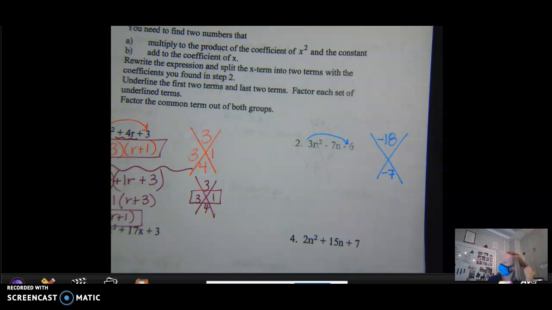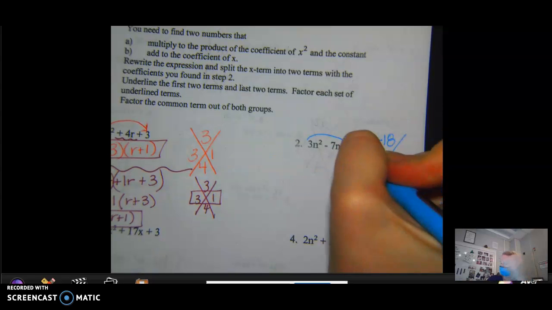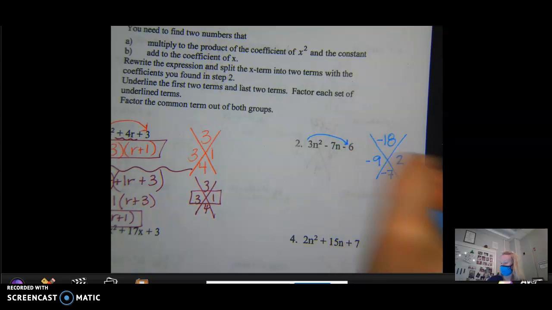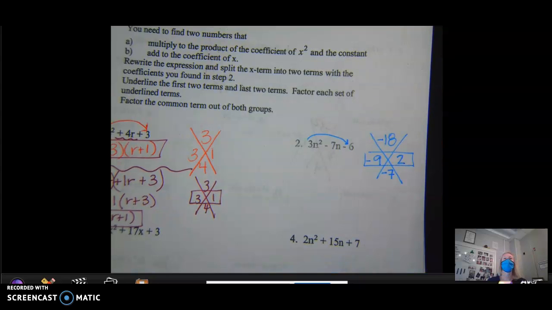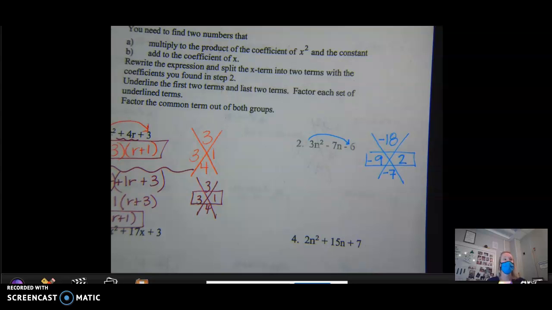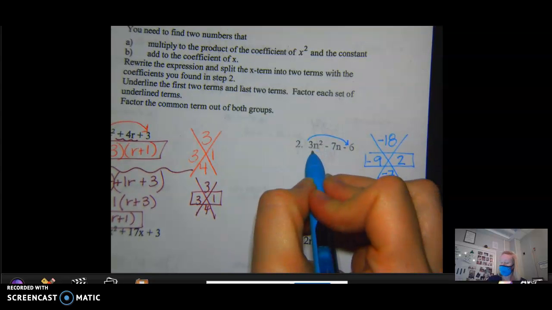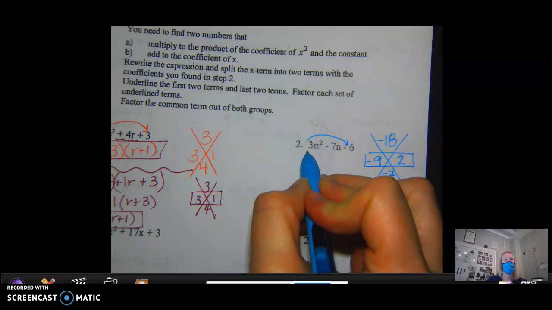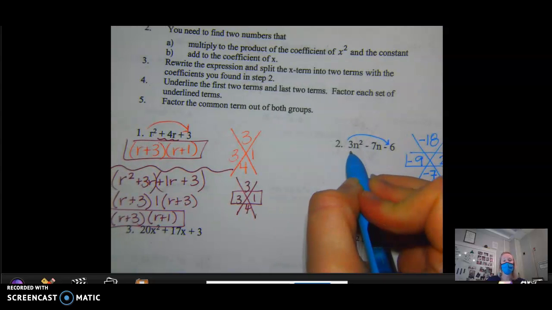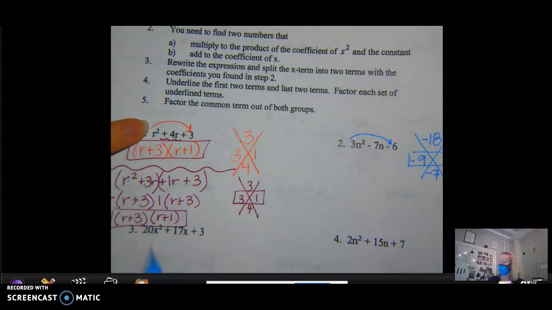Whenever you have a negative up here to factor, one number has to be positive and one number has to be negative. We want more negative. Good. Negative 9, positive 2. Those are the two numbers I'm going to use to split the middle, right? 3n squared. Do I keep it or do I split it? Look back over here. Did I keep my r squared or did I split it?